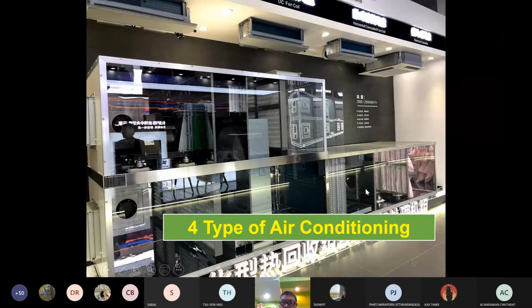This one is the dedicated outside air to fill up the air conditioning in the buildings. Also they have many types of fan coil, which are the ducted or the cassette.